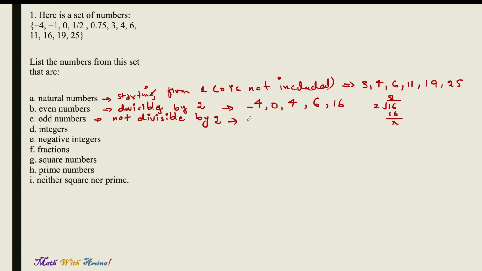And from the set, it is -1, 3, 11, 19, and 25. If we take an example, let's say we have 3 in here, so 2 into 1 is equal to 2, and 1 will be remaining.